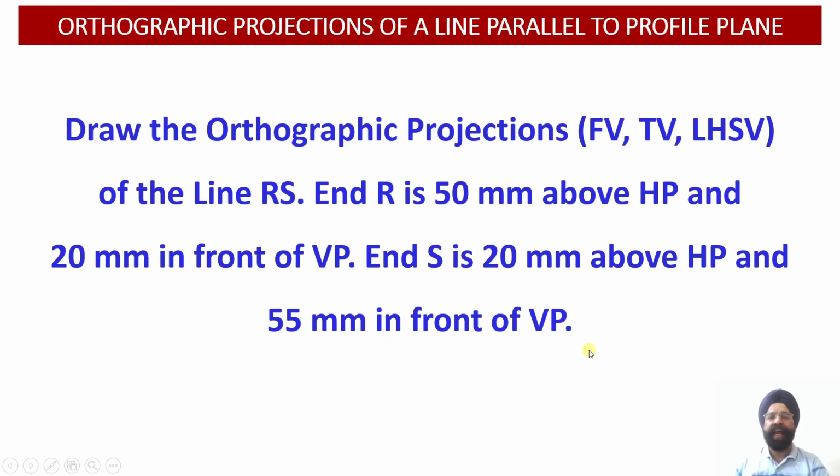And this line RS happens to be parallel to the profile plane. So to begin with, we are going to evaluate the true length projections of this line onto the profile plane, and thereafter we will be evaluating the front view projections and the top view projections of this particular line.